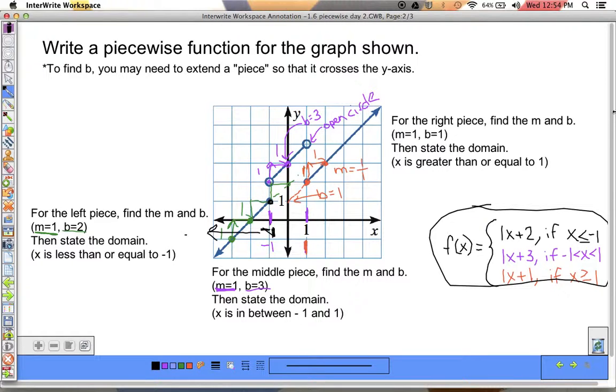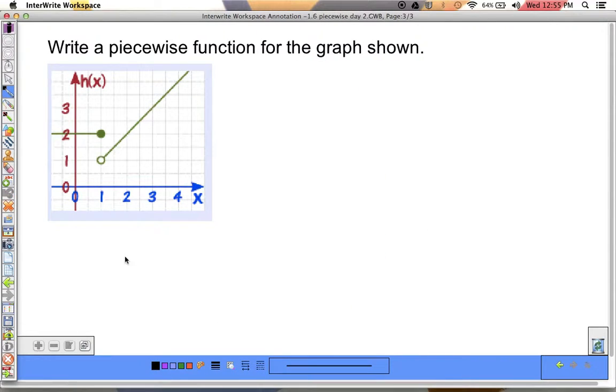So for each piece, we're finding m and b, and then we're putting the domain on the back of it. So I'm going to try one more with you just to make sure we have it. So I'm going to do the left piece first, over here. The slope on that one, rise 0, run 1.